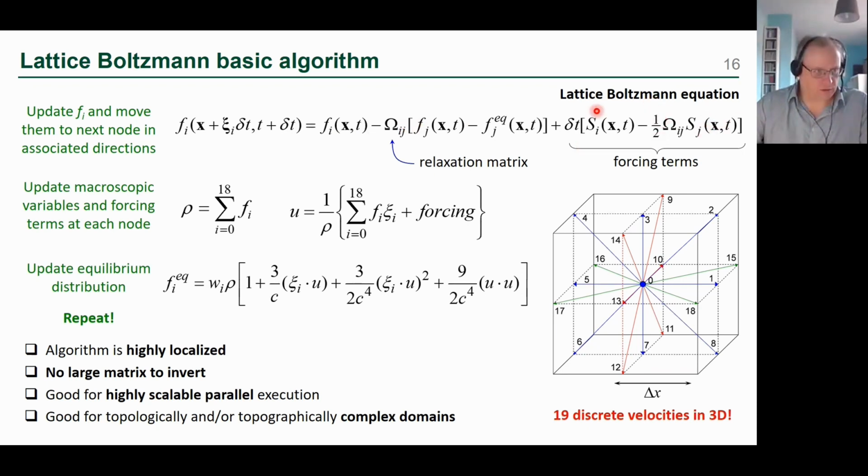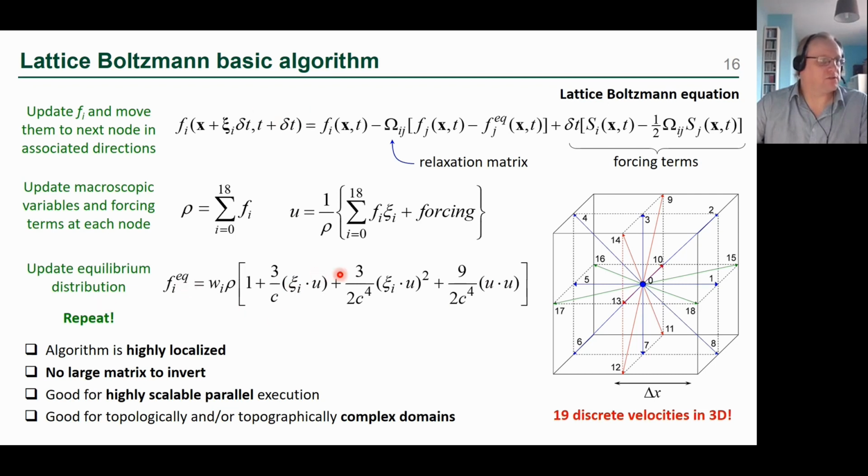This is where we can bring in some multiphase effects. They relax towards the equilibrium, and then we move them to the next site. That mimics the molecular collision and then the molecular motion from one site to the next along its own particular direction. We then recalculate the density and the velocity, update the equilibrium distribution function, and go back and repeat it.